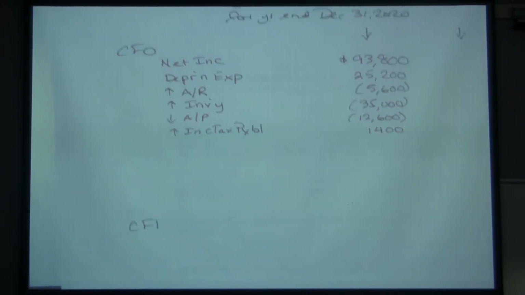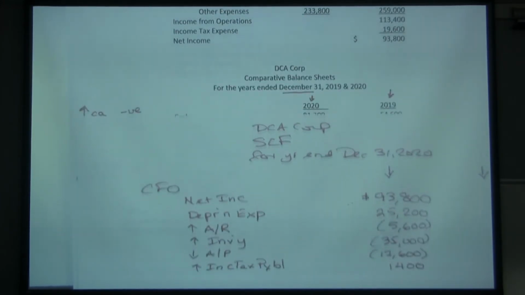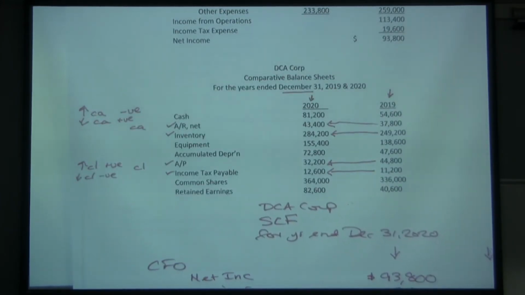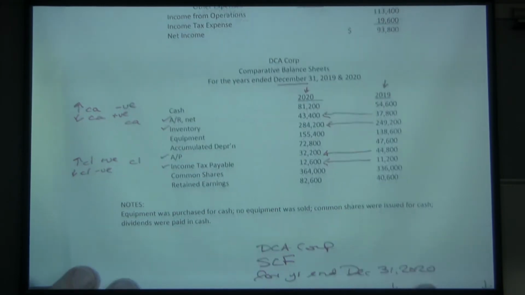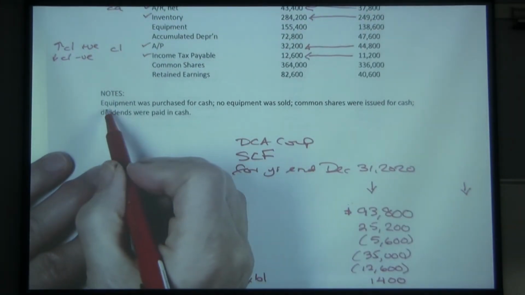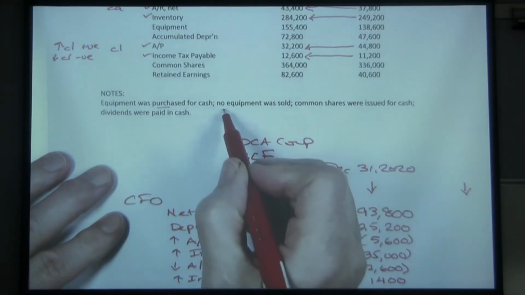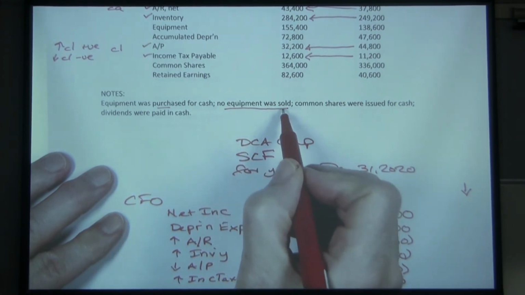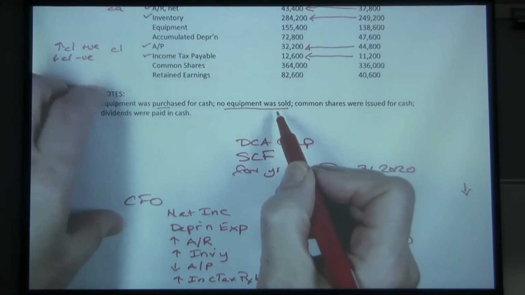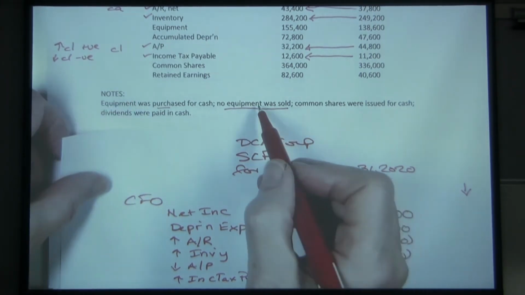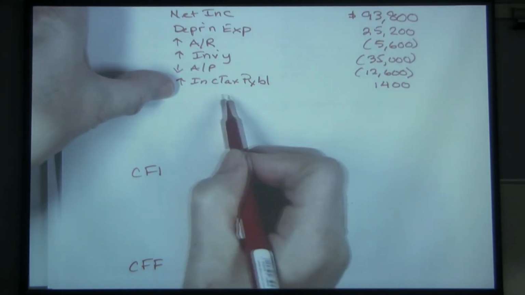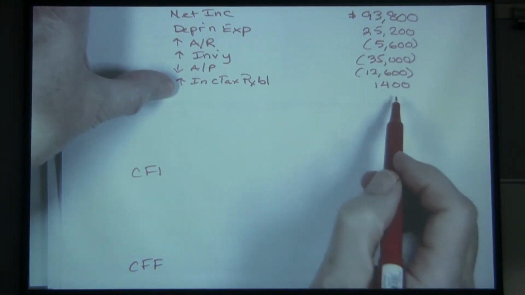We did not sell any equipment. So at the bottom here, equipment was purchased, no equipment was sold. Therefore, we don't have to worry about a gain or loss. If we did sell equipment, and if there was a gain, we would say gain on sale, and we would subtract the gain amount.